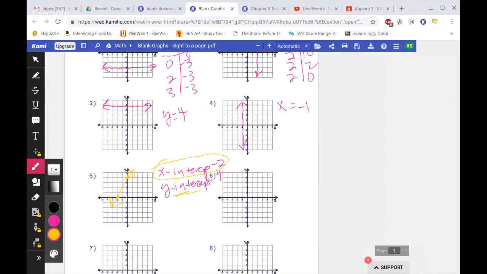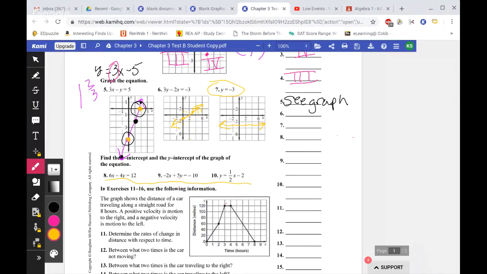Does that make sense to you guys? Yes. Okay. I don't want to move on unless it does. All right. Now in numbers 8, 9, and 10, we're going to learn how to solve for the x-intercept and the y-intercept. Okay?